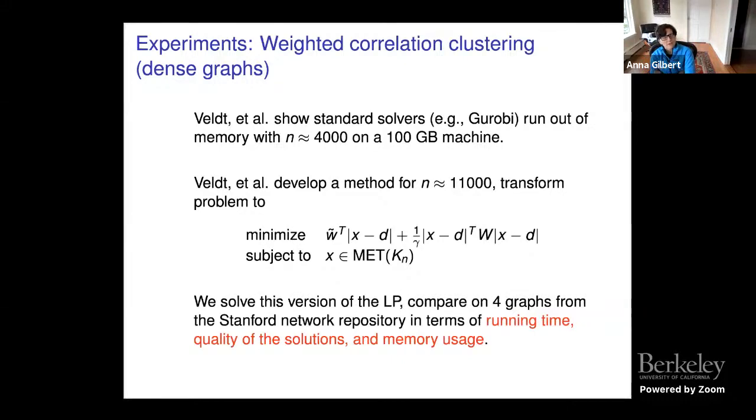As you all may know, solving shortest path problems makes a big difference whether the graph is sparse or dense. So David Gleich and his student at the time, Nate Veldt, had nice implementations for solving this dense graph, weighted correlation clustering.